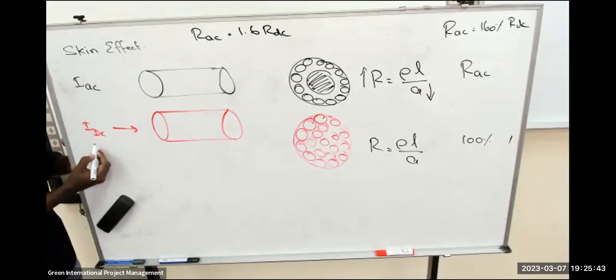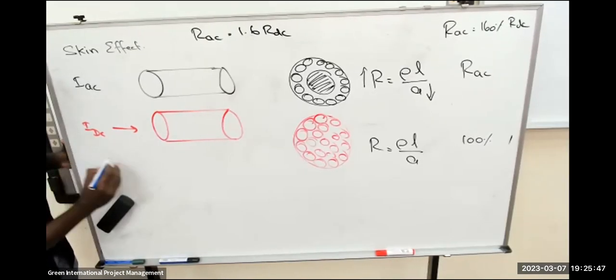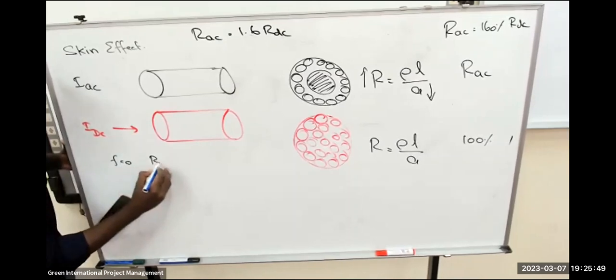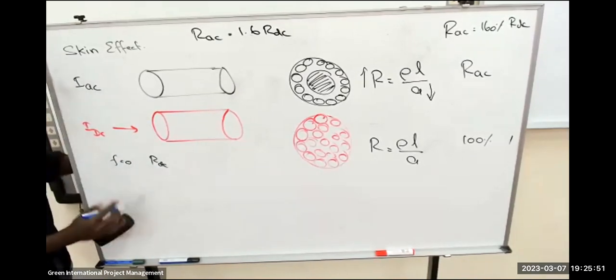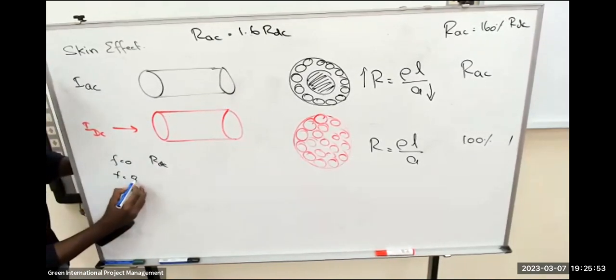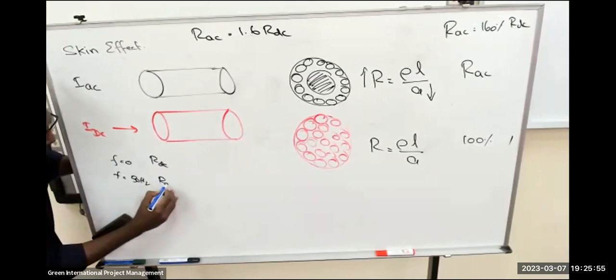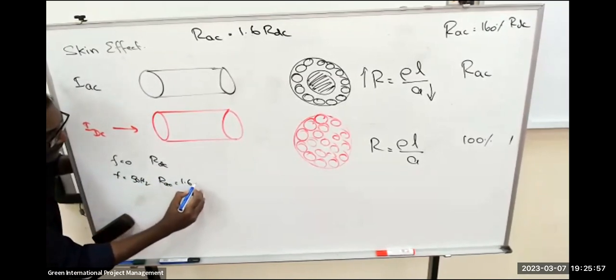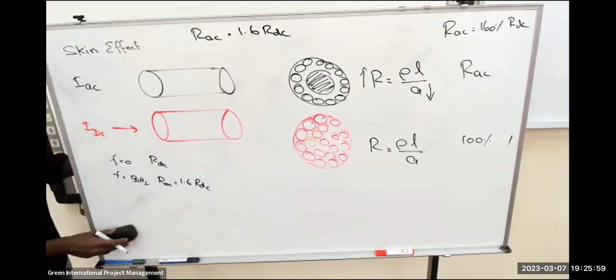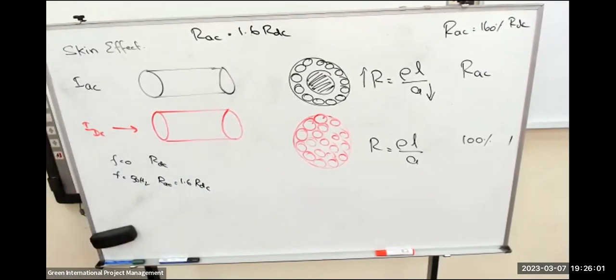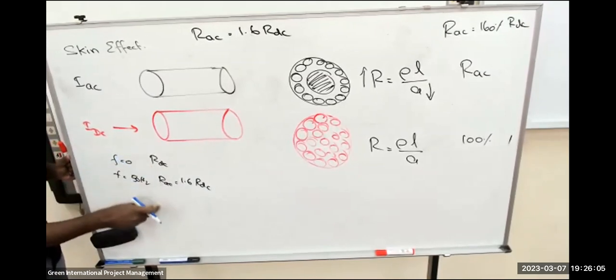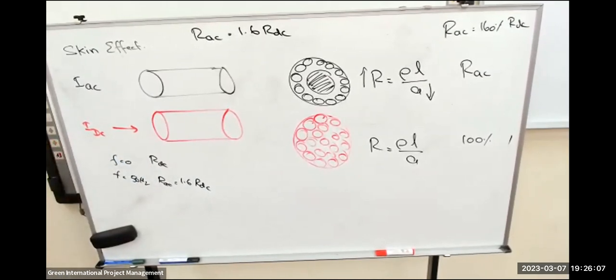For the DC supply, what is the frequency? It is 0. So F is equal to 0 for DC, and at F equal to 50 Hz, R AC is equal to 1.6 times R DC. Correct? So from this we understand that as the frequency increases, the resistance value increases.